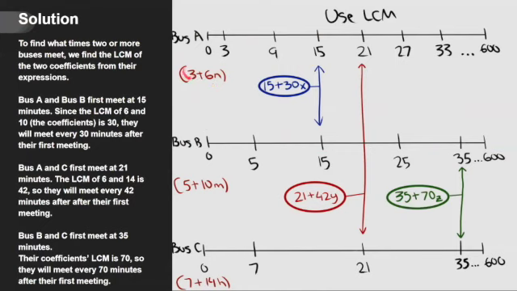We add 3 because it first arrives at X at the 3-minute mark. Since it takes 12 minutes to complete a full loop, it takes 3 minutes to get to the first X, since X is the second stop.